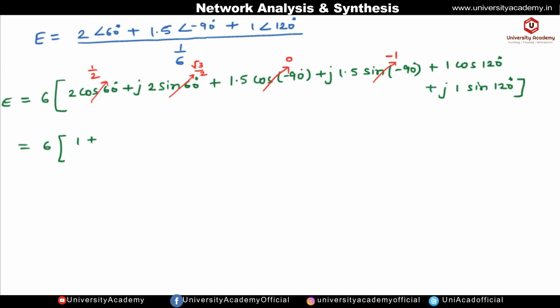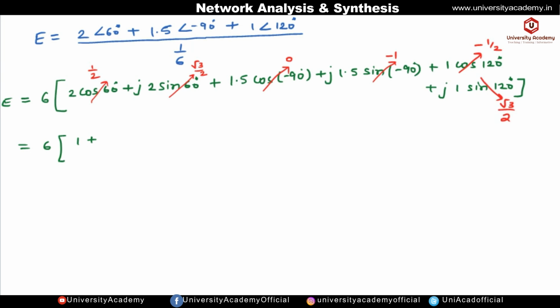So this will be minus 1. And cos 120 degree is minus 1 by 2, and sine 120 degree is sine of (180 minus 60), that is sine 60, which is root 3 by 2.